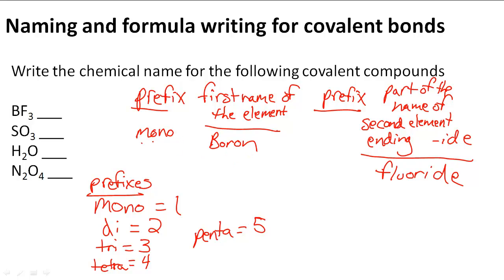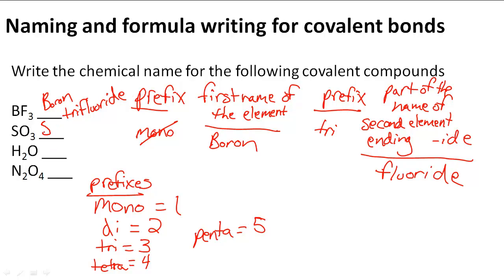We only put a prefix on the first element if there's more than one atom of it. So we can cross that out, but it's one boron and trifluoride. So this one would be boron trifluoride, the name of this compound.